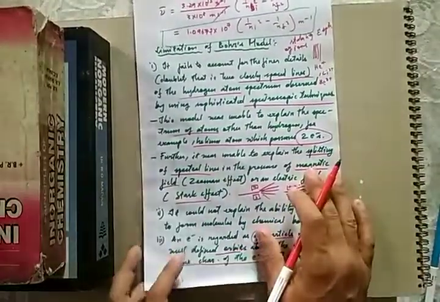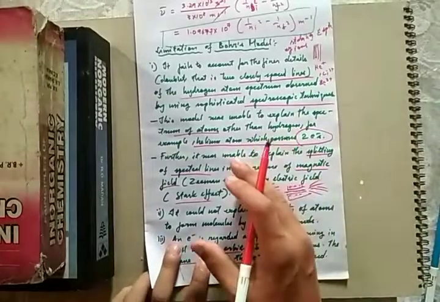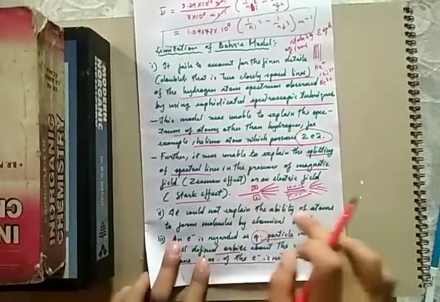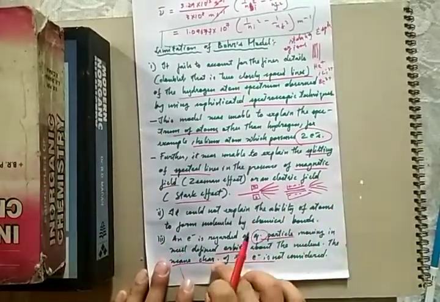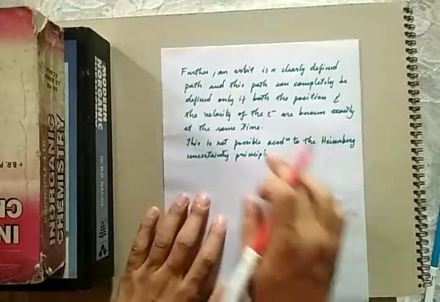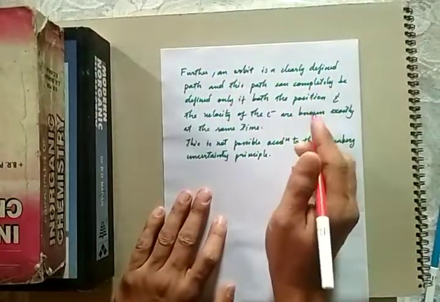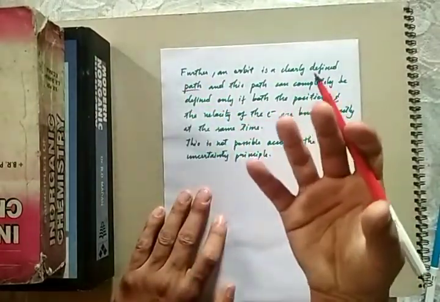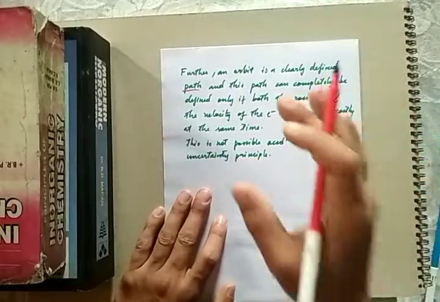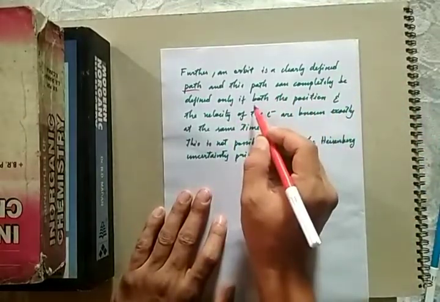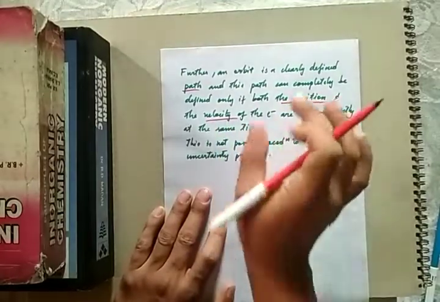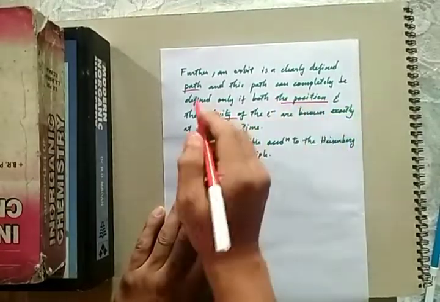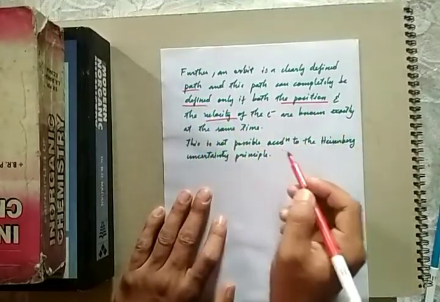This charged particle has both particle nature and wave nature, so wave nature was not explained here. Further, an orbit is a clearly defined path, and this path must have a defined position and velocity.